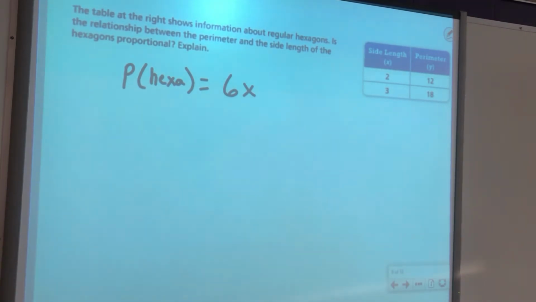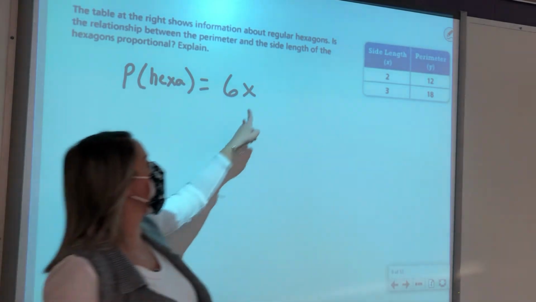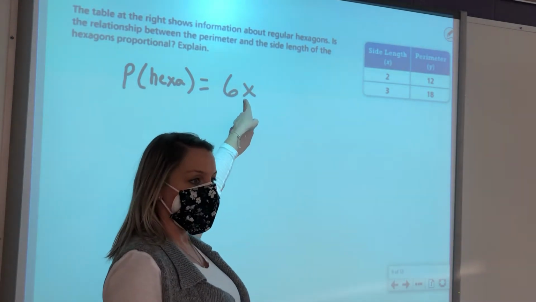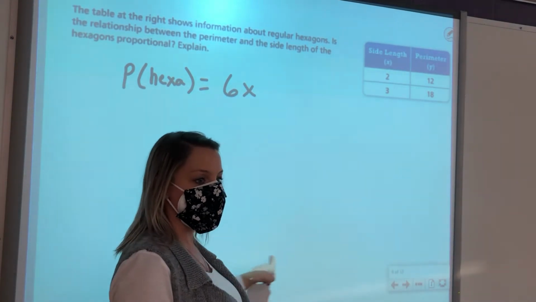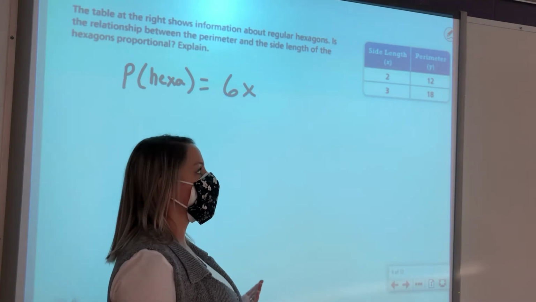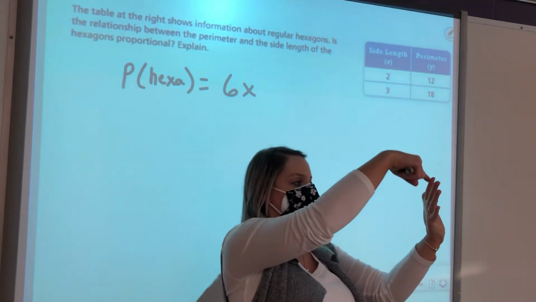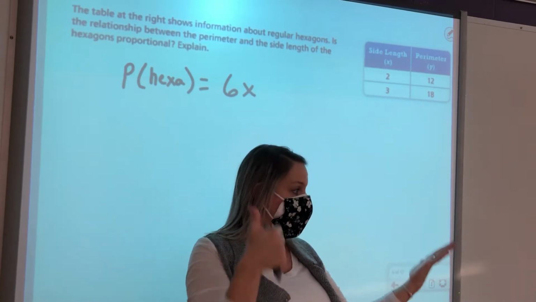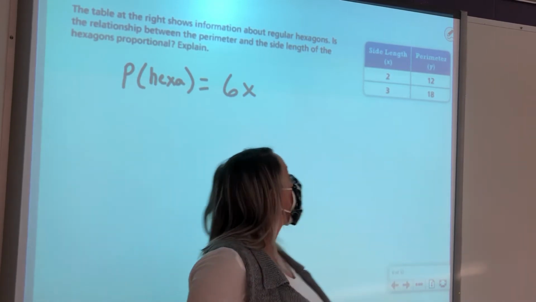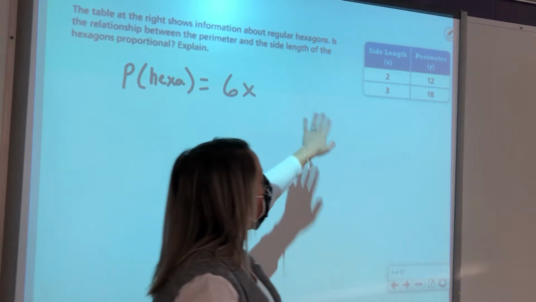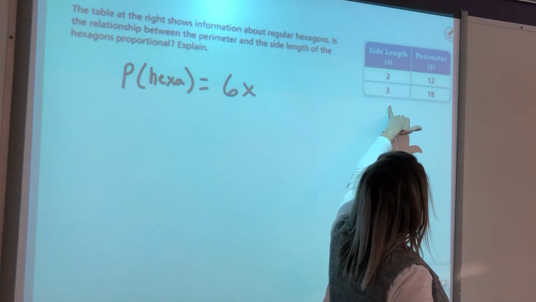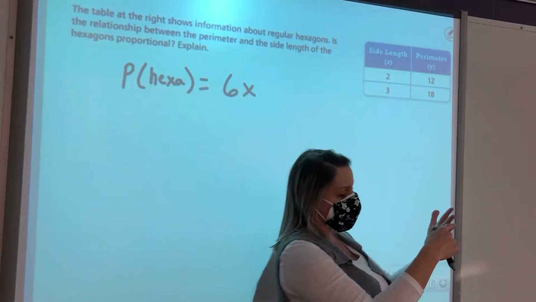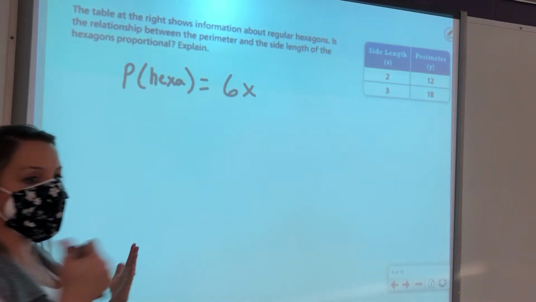Yeah, because 6 times the side length is going to give us the perimeter, right? So if we have a side length of 2, 2 plus 2 plus 2 plus 2 plus 2 plus 2 is 12. So 6 times 2 is 12. Then if the side length is 3, it's 3, 6, 9, 12, 15, 18.